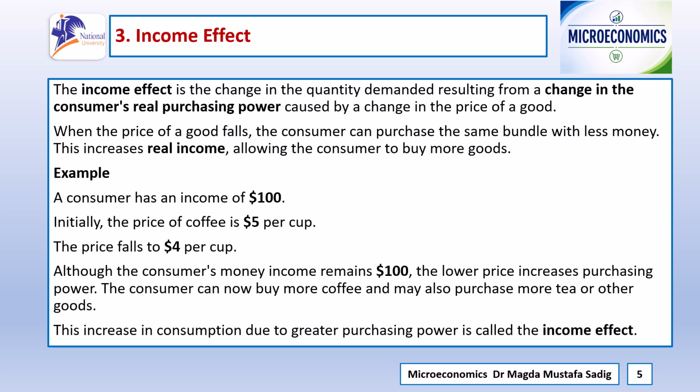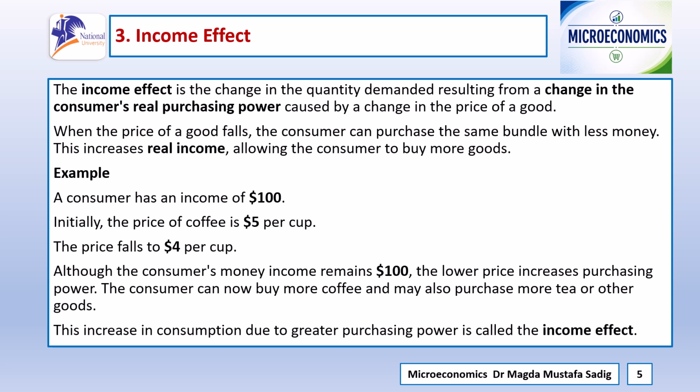Now the price falls to $4. Your salary has not changed. You still earn $100. However, your purchasing power has increased. With the same income, you can now afford more coffee and perhaps even buy additional tea or snacks.